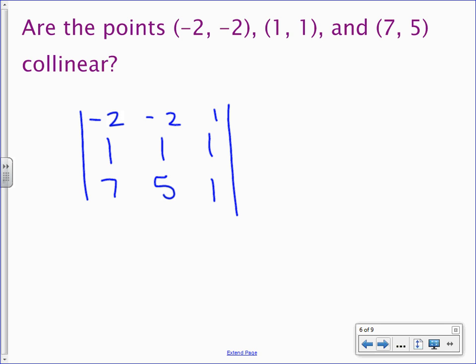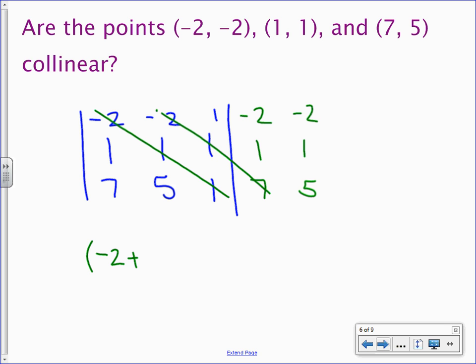Coordinate 1, coordinate 1, coordinate 1. Okay, we need to find its determinant. Alright, so here we go. Help me out. This diagonal. This diagonal. This diagonal. Okay, we're going to add those together and subtract the up diagonals.